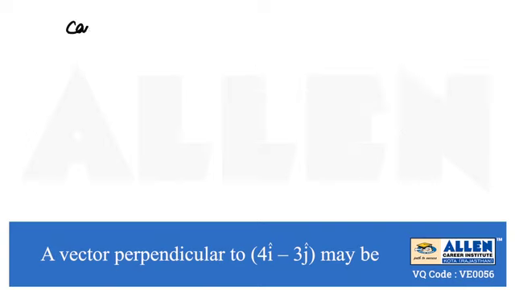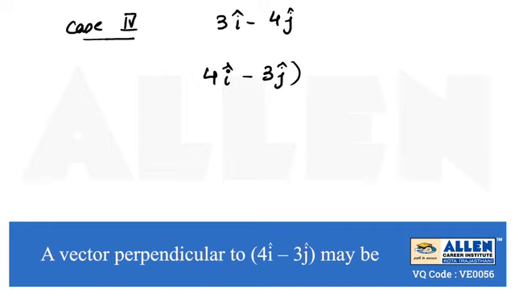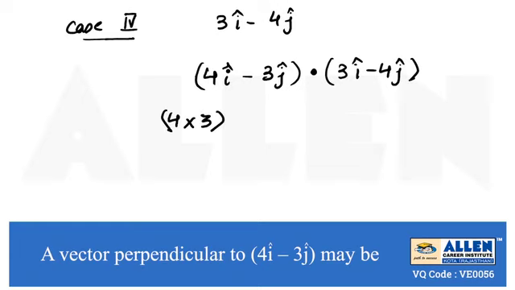Now in the next case, we have the vector 3 i cap minus 4 j cap. We will again check whether it is perpendicular to our given vector. The given vector is 4 i cap minus 3 j cap, and the vector to be checked is 3 i cap minus 4 j cap. We will do the dot product. The coefficient of i cap is 4 in the first bracket and 3 in the second bracket.